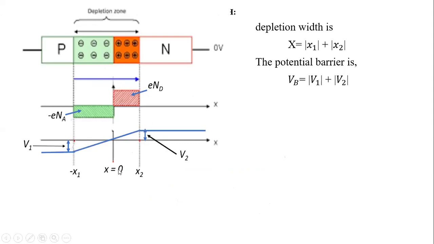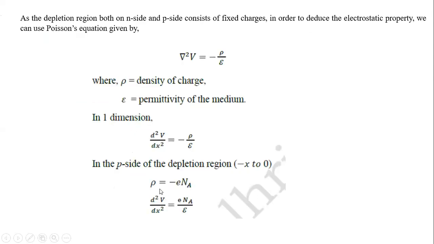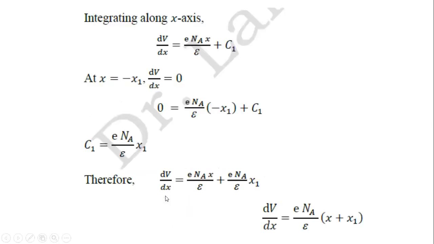So in this region, rho, the charge density will be minus of q into Na, like I just explained before. So you can put all this charge density value in this Poisson's equation for one dimension. So this is what you will get in the Poisson's equation for one dimension.